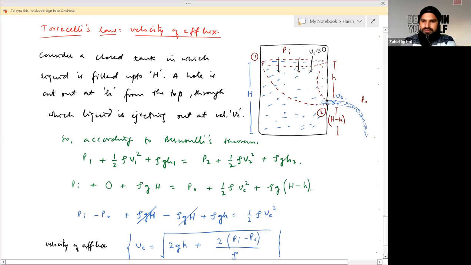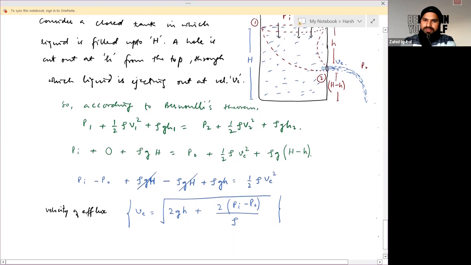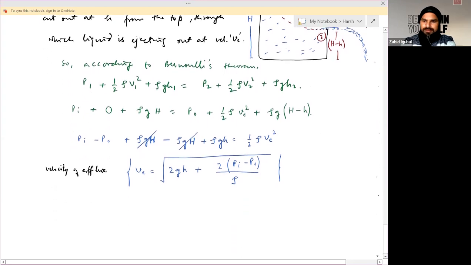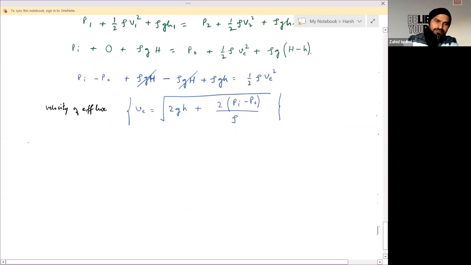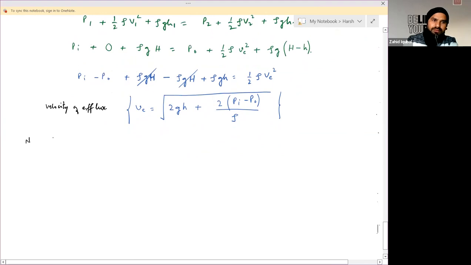Now we have to simplify this particular result for the case of an open tank.